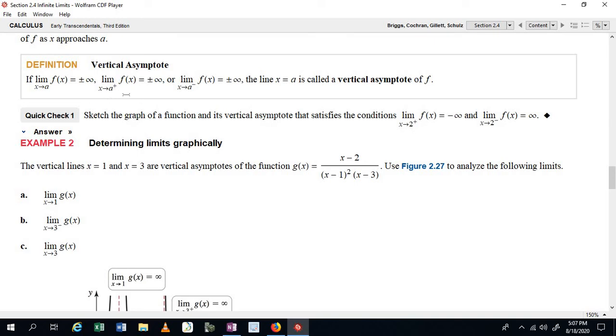If the limit of f of x as x approaches a from the positive side is plus or minus infinity, then you have a vertical asymptote at x equals a. Or if the limit of f of x as x approaches a from the negative side of a equals plus or minus infinity, then you have a vertical asymptote at x equals a.